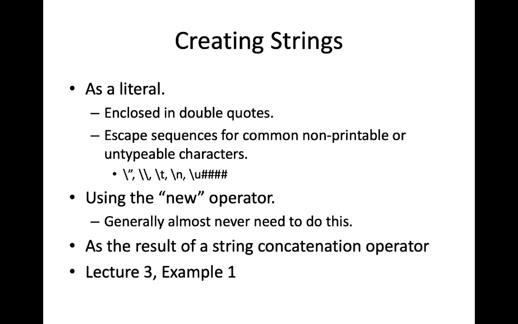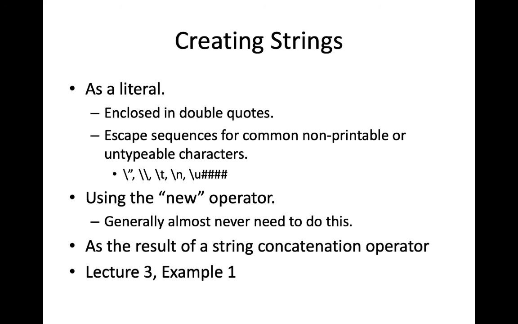To create strings, we usually create them as literals because we can type. So we can say String s equals, and then open double quote, put whatever string we want, and then close double quotes. So for strings in particular, we just use literals a lot of the time, or we build a string out of its parts by using the plus operator to concatenate strings together.